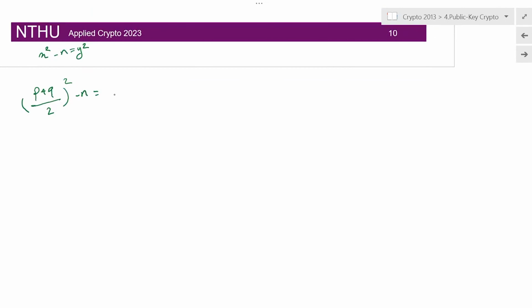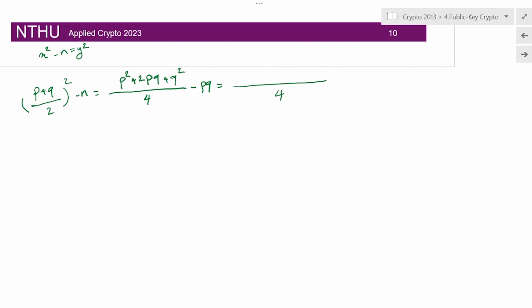So let's just expand this formula. In the denominator I get 4, and then over here I get P squared plus 2PQ plus Q squared, right? And then n, we know that it is p times q, so it's just going to be minus pq. So let's expand this one.